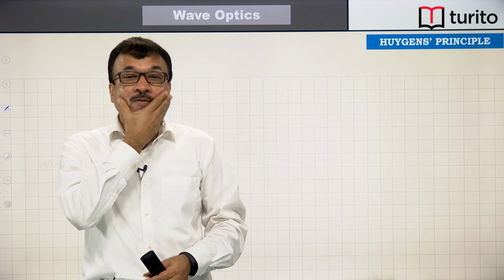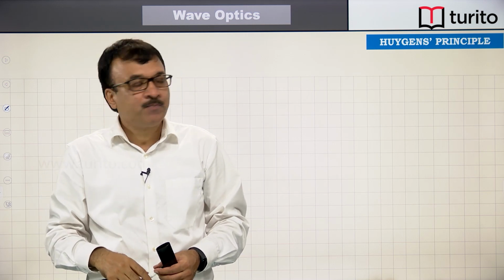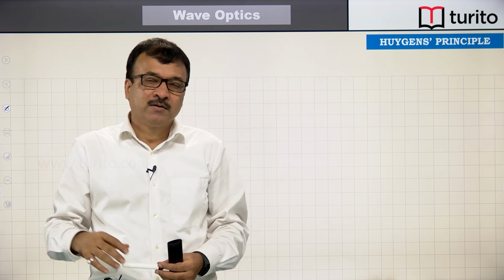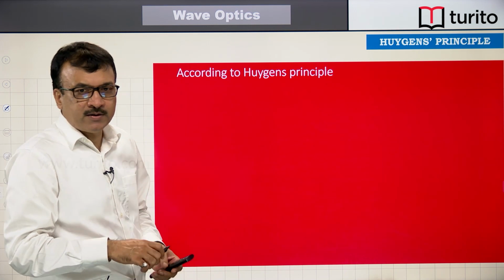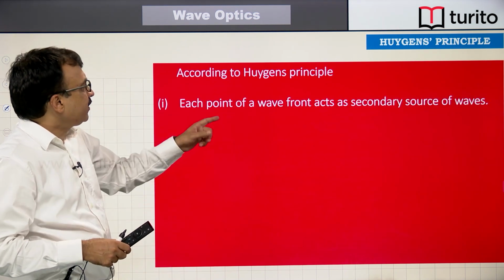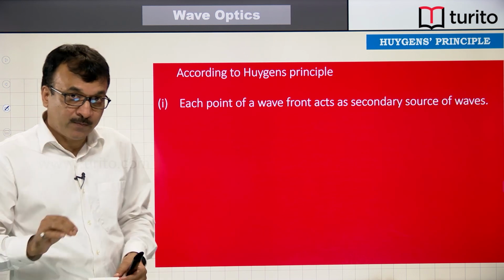So now finally we have come to some points which are given by Huygens, and these points together are called Huygens principle. The first point is, each point of a wavefront acts as a secondary source of waves. This is a very important thing.